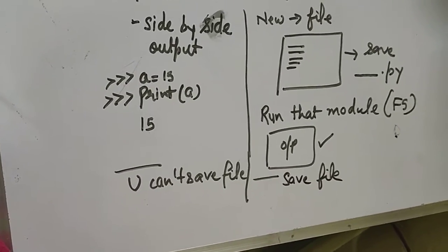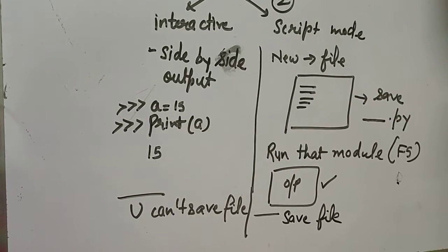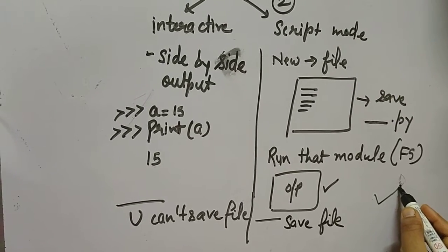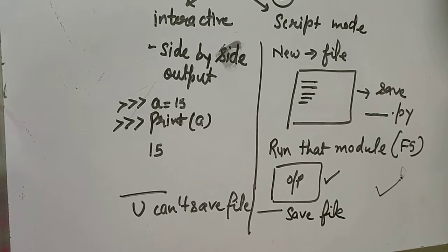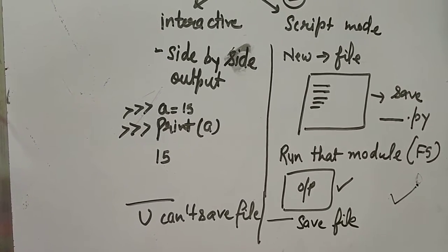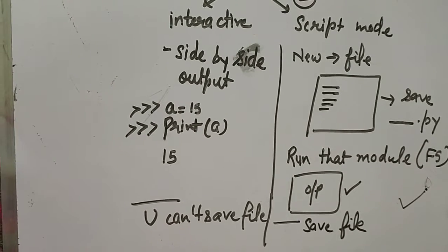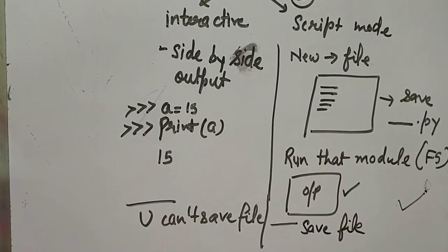Whatever programs we make, we will write in script mode. Interactive mode you can use to see how a function works, or which value is stored in a variable at a particular time.